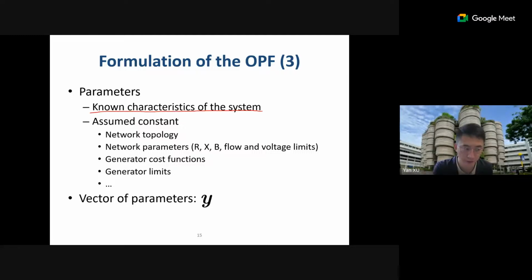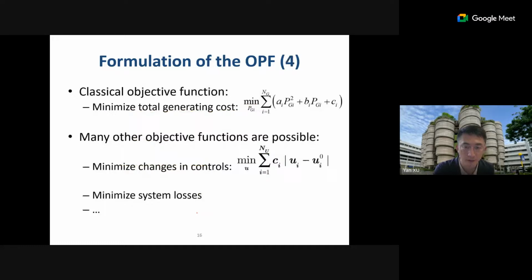They are objectively given. We cannot change them. So in practice, we have the network topology, network electrical parameters, and generator cost functions, which are also objectively given. Generator limits are physical constraints that we cannot change and can only satisfy. All these parameters are denoted as a vector y.